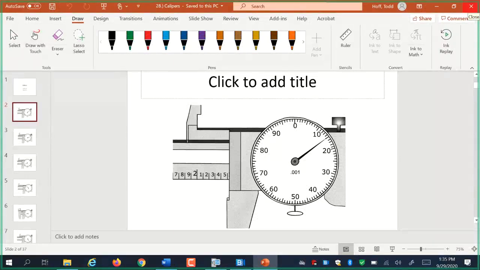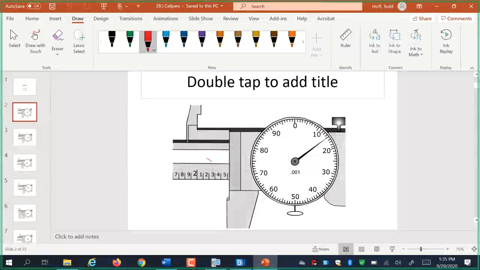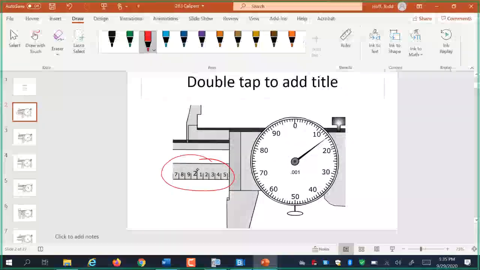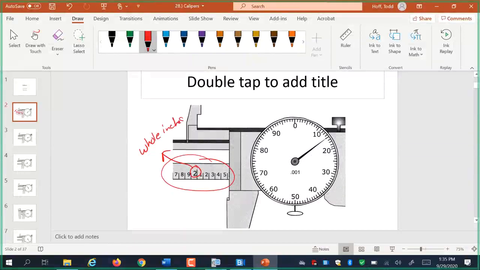And on our main scale here, there are 2 pieces of information. This is our main scale on the blade or body of our caliper here. The 2, the bigger number, represents whole inches. Then the smaller numbers represent the tenths.